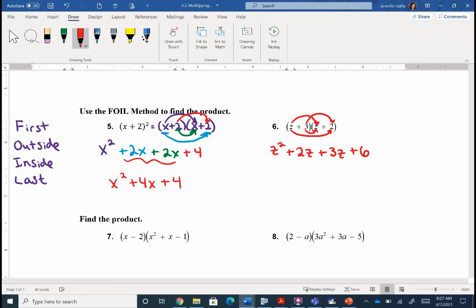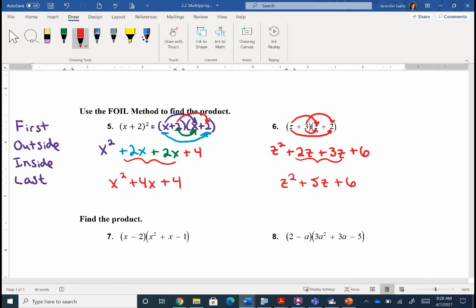Now, if you didn't have that exact order, that's okay. Again, part of the reason with having that acronym with 4 letters is so you know the end result should have 4 terms. Then we simplify from there. We've got a z squared, we have 5 z's, plus 6.